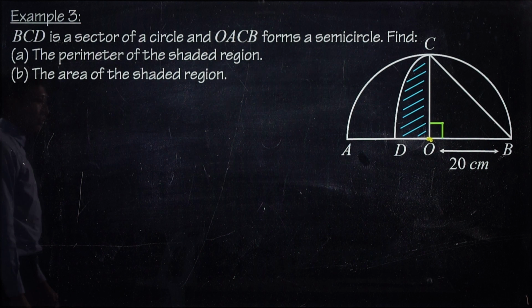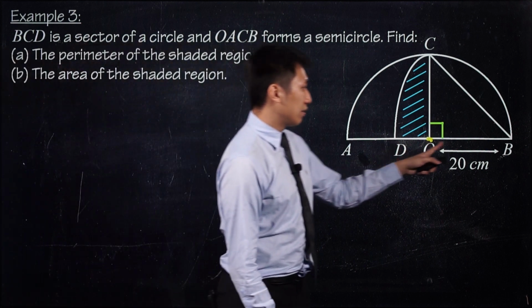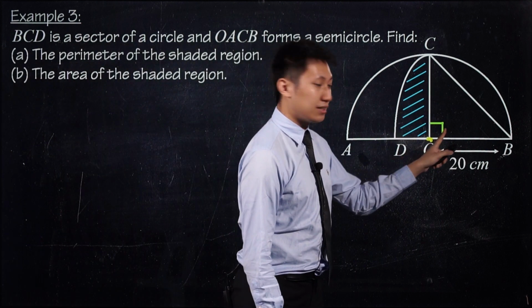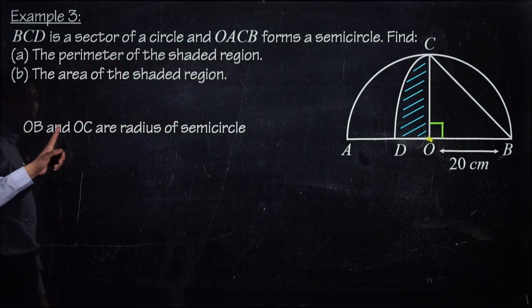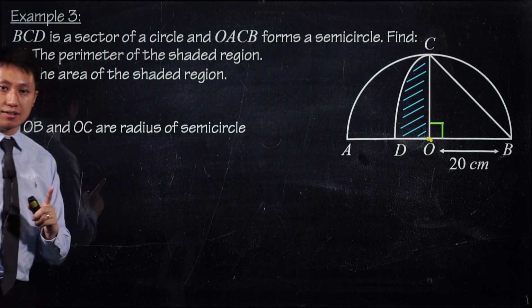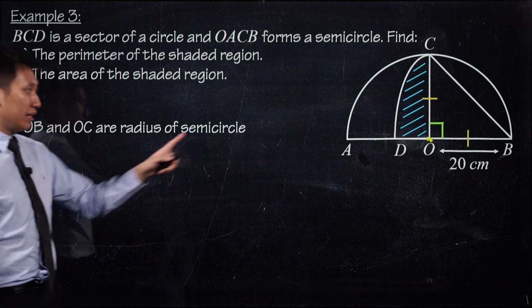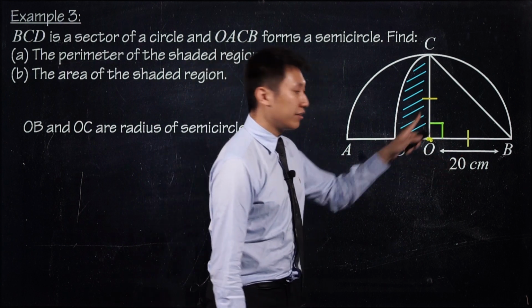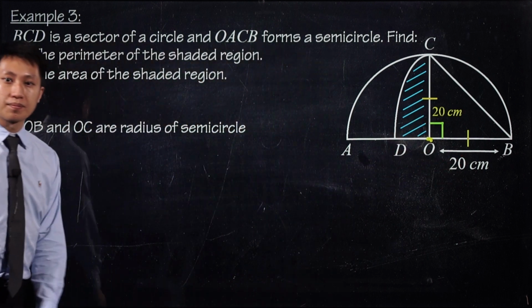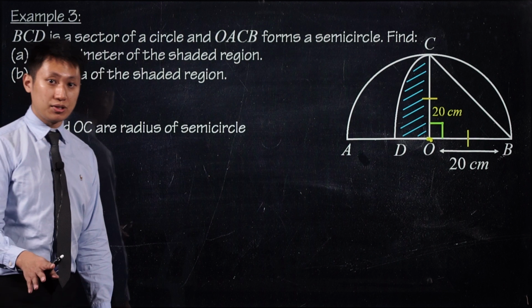So first of all, this one is equal to this one, and this is a right triangle. OB and OC are radii of a semicircle, so they should be the same length. Meaning that I know this side and this side. It's 20 cm. Can you follow?